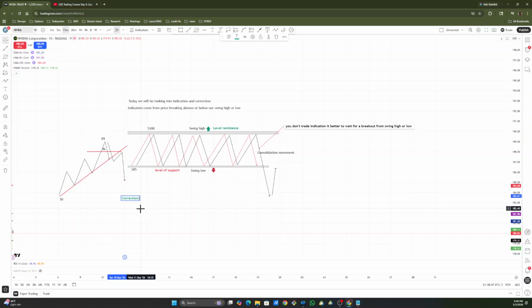Correction can only happen after price makes a new high or a new low. That is what a correction means.